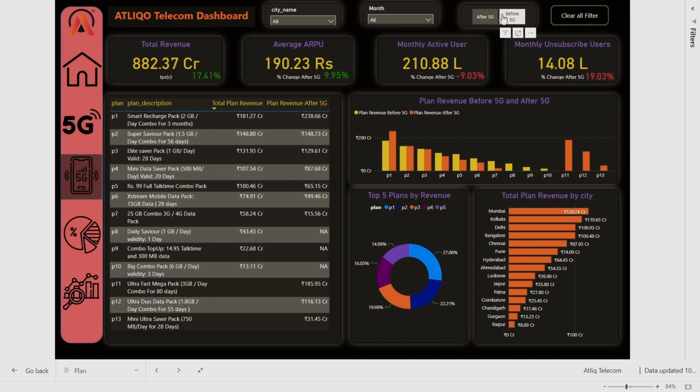So my recommendation is to remove these plans P7, P6 and P5 and introduce a new plan of 2.5 GB, because the data usage has increased. We can introduce this 2.5 GB package, which will increase our revenue and user base.